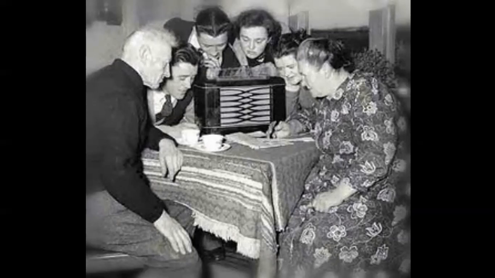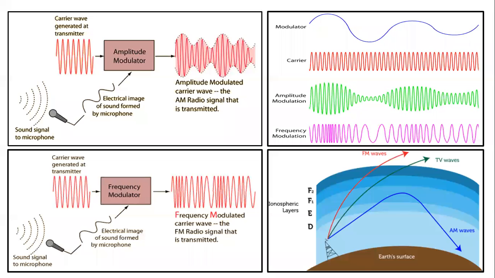However, the relatively short wavelengths of FM waves mean that they don't reflect off the ionosphere as AM waves do. Instead, FM waves pass through the ionosphere and out into space. This is also shown in the picture coming up.